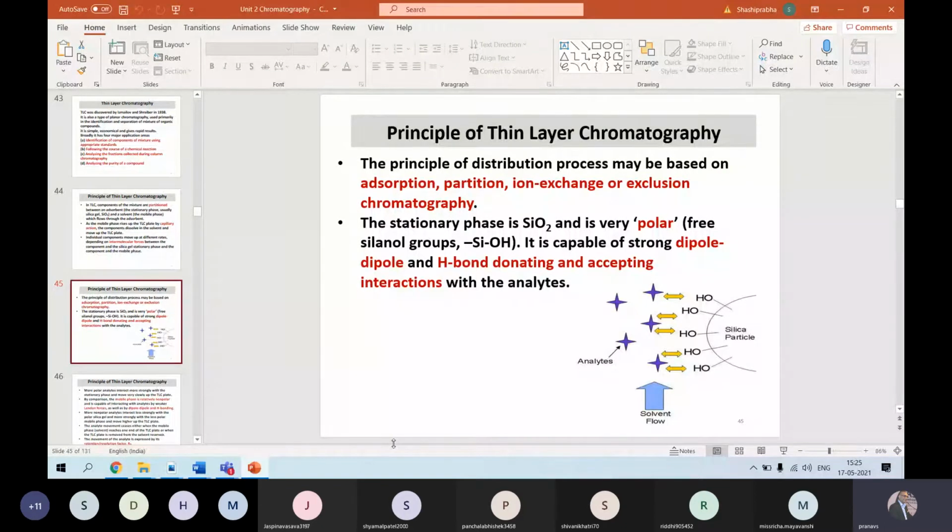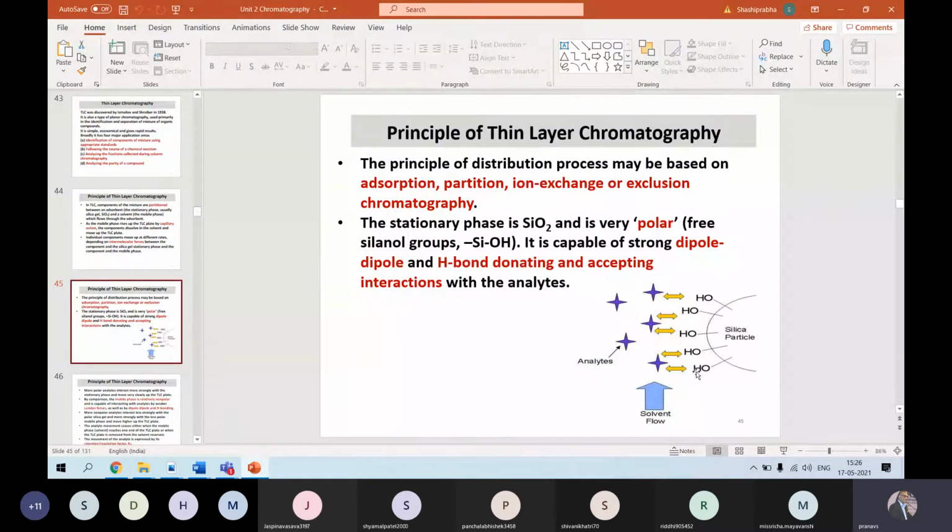The stationary phase is silica and is very polar because of the presence of silanol groups, SiOH. And this SiOH is capable of forming strong dipole-dipole and hydrogen bonding interactions with the analytes. As you can see, this is a silica particle with the free silanol groups.